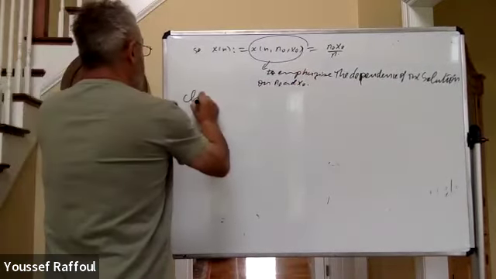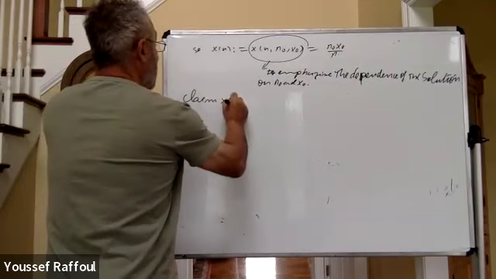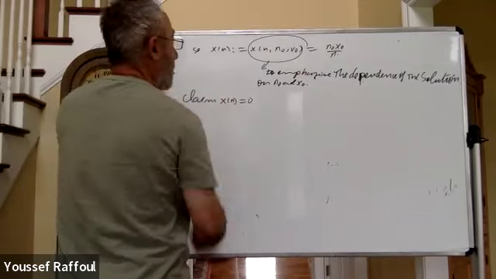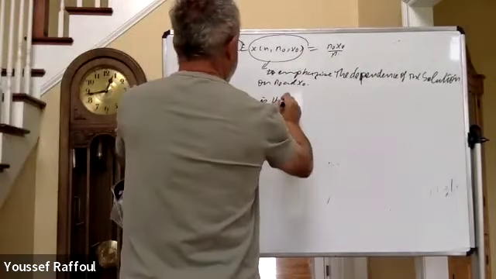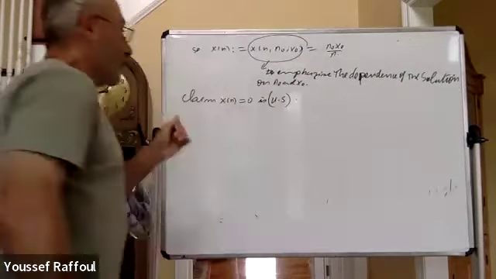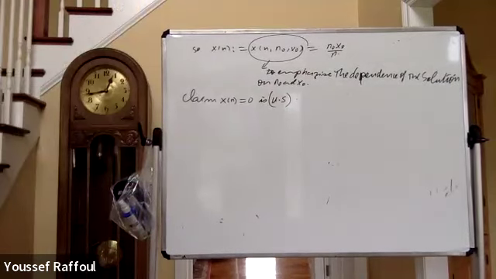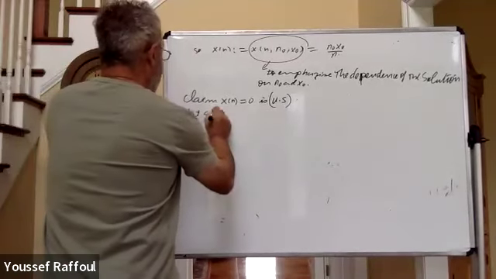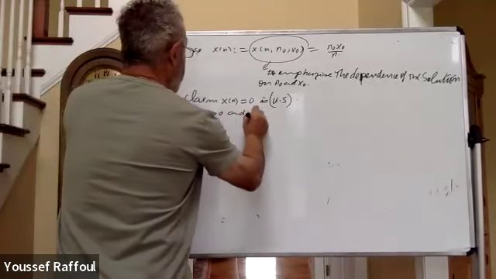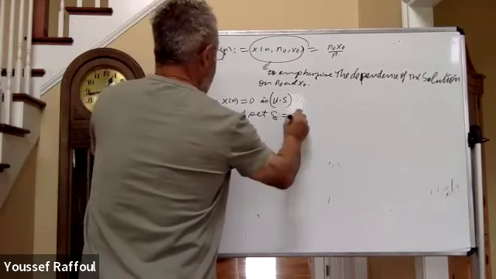Now we claim xn equals 0 is uniformly stable. Let epsilon be positive and set delta equal to epsilon.